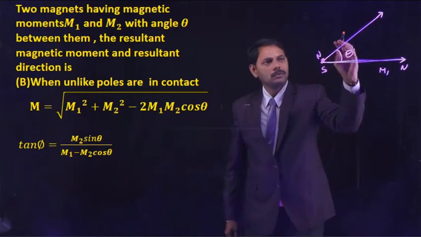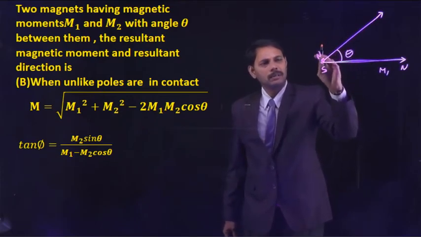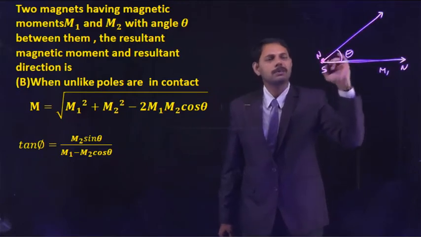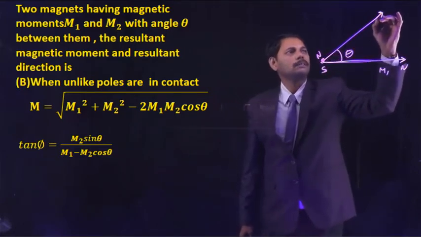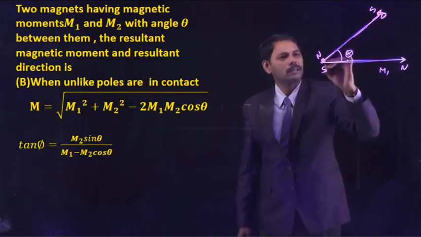We kept the second magnet such that unlike poles touch each other. The north pole of the second magnet coincides with the south pole of the first. Then we have to represent the direction of the magnetic moment, which is now reversed.